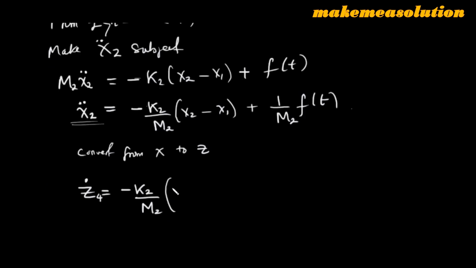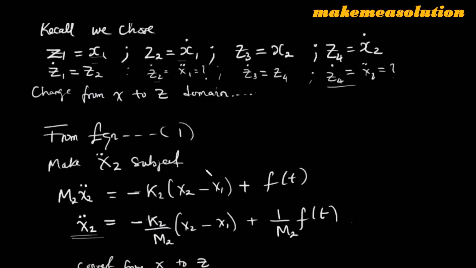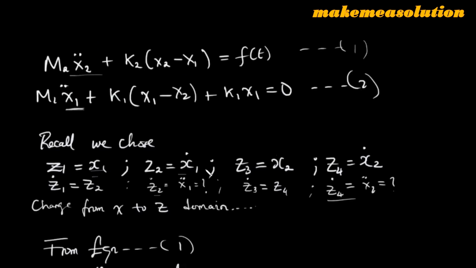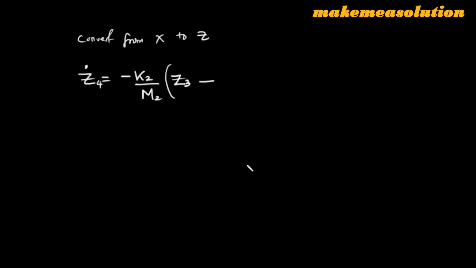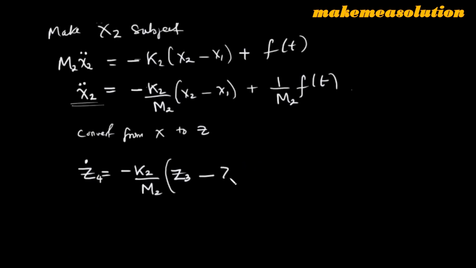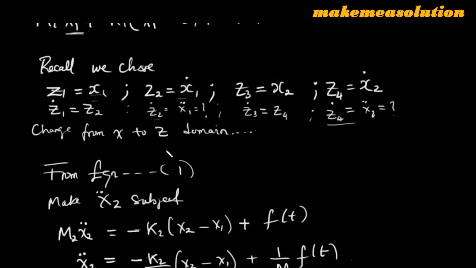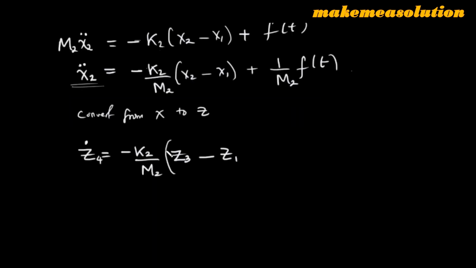We're going to do it carefully: z3 minus, what is my x1? My x1 in this case is z1, as you can see here. Then you now have plus 1 over m2, you have your f of t.